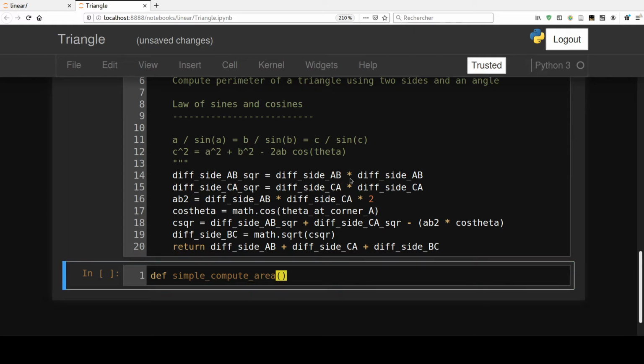So let's put the arguments out there without considering for now how we are going to actually obtain these values. So base length, height, and that's about the only two knowns we have. With these two we can compute the area of the triangle. Let's say they are floats.